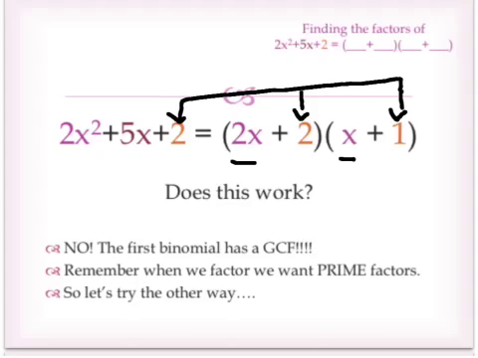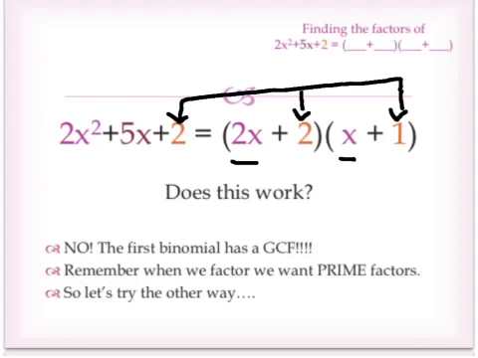Now, of course, you can multiply back out and check, but there's other ways to check to see if this works. Okay? Now, something that should stick out in your brain is that I always want prime factors. Like x and 1 have nothing in common. Okay? But over here, 2x and 2, there's a GCF there, right? Which means that I did not factor this correctly, and I need to try again.